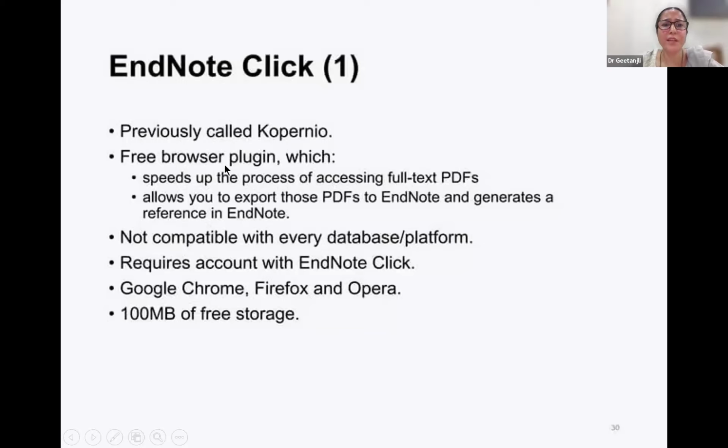You will find one free browser plugin that speeds up the process of accessing full text. It allows you to export these PDFs to EndNote directly and generate a reference in EndNote. One option was dragging. Another option is viewing the PDF, and that directly gets integrated into EndNote, right?